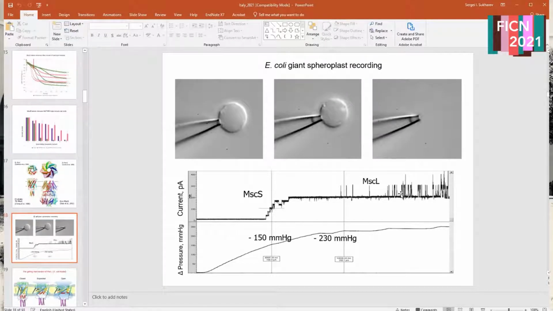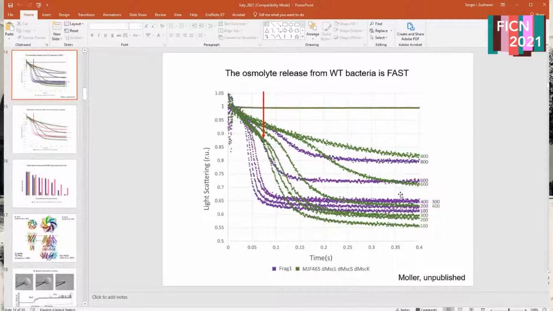I must explain that this fast release, which gets rid of 10% of the internal dry weight of the bacterium, takes place within essentially 20-30 milliseconds.